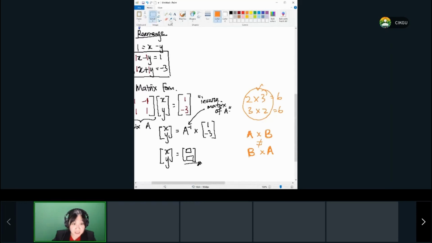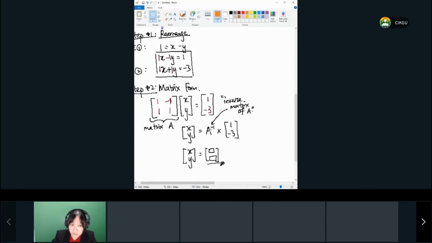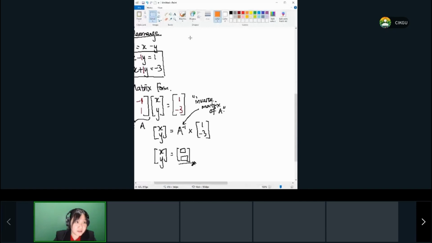So that being said, you see where I place my inverse matrix. I place it in front of this column matrix, 1 and negative 3. That means if some students do it the other way around, 1 negative 3 multiplied by A to the power negative 1, that is wrong.